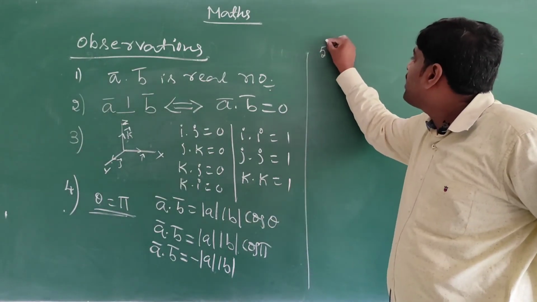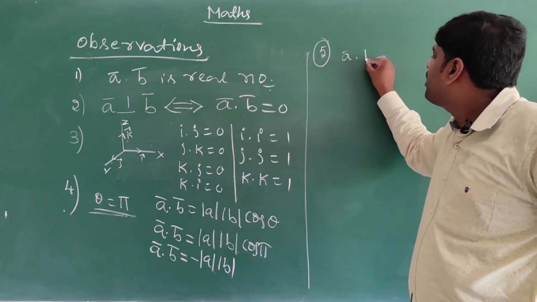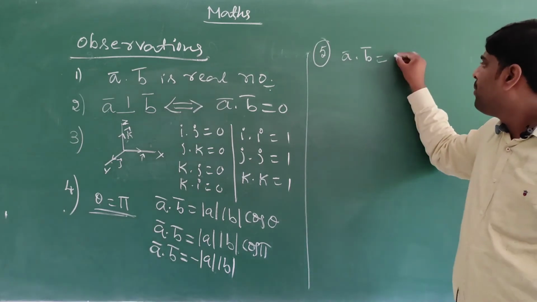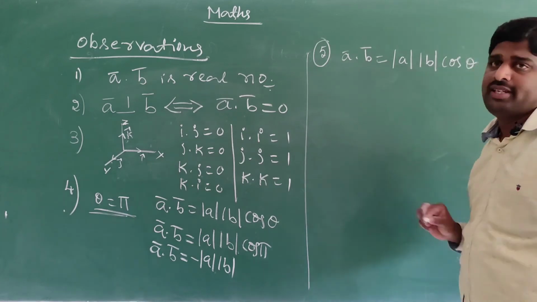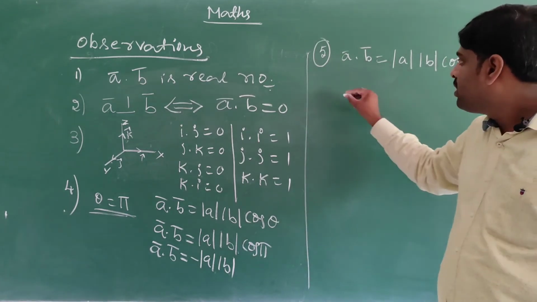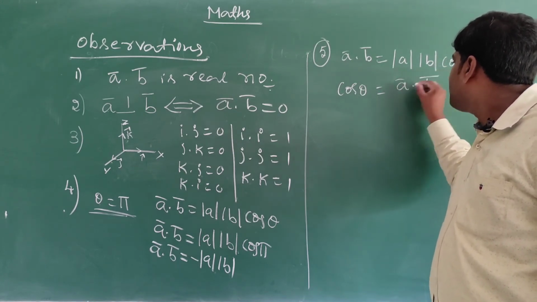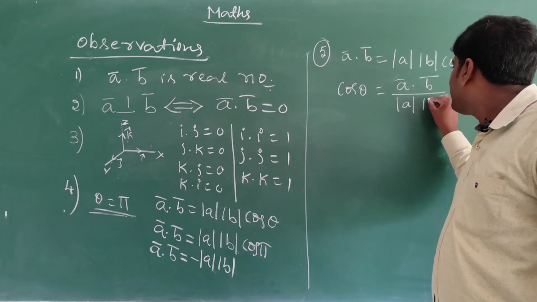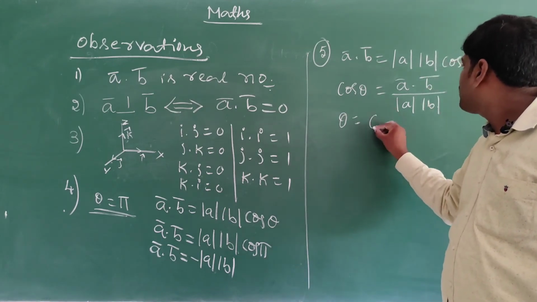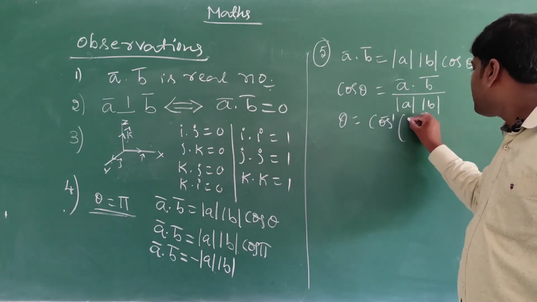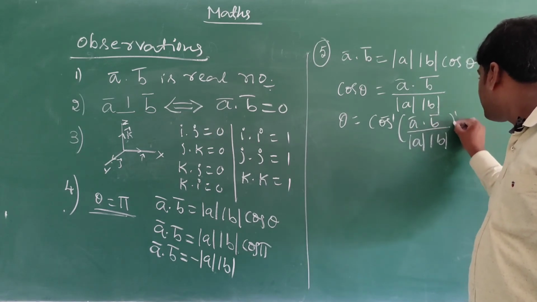The fifth point is the angle between two vectors. a bar dot b bar equals magnitude of a bar, magnitude of b bar into cos theta. Suppose you want theta, therefore cos theta equals a bar dot b bar divided by magnitude of a bar, magnitude of b bar. Theta equals cos inverse of a bar dot b bar divided by magnitude of a bar, magnitude of b bar.